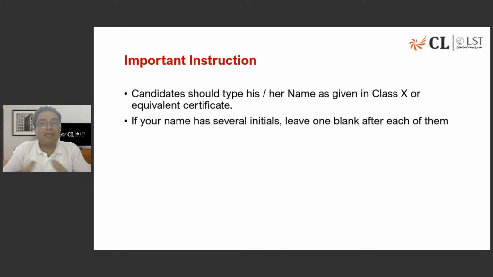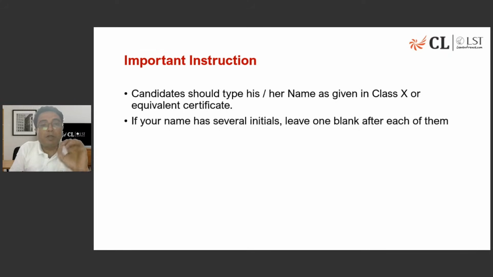Class 10 or equivalent means class 10th over here. So when you are applying through the AILET 2027 application form, you will be just typing your name as it appears in your class 10th certificate, the board mark sheet.